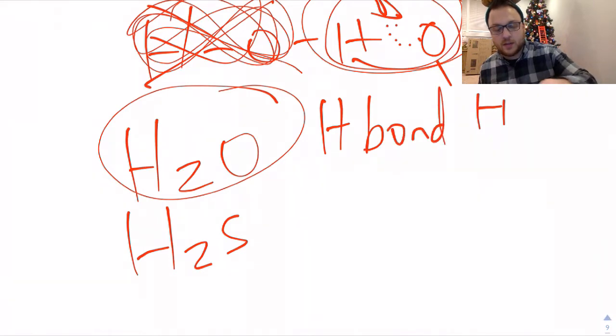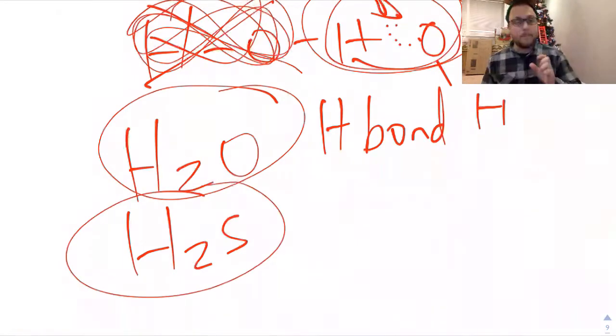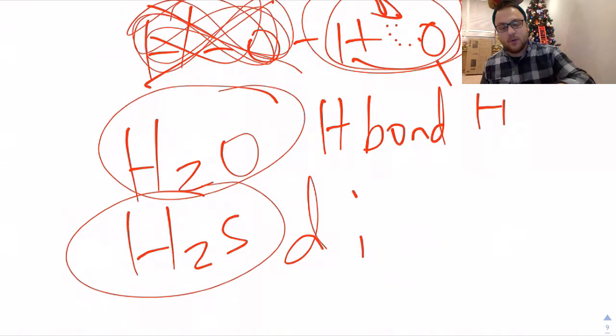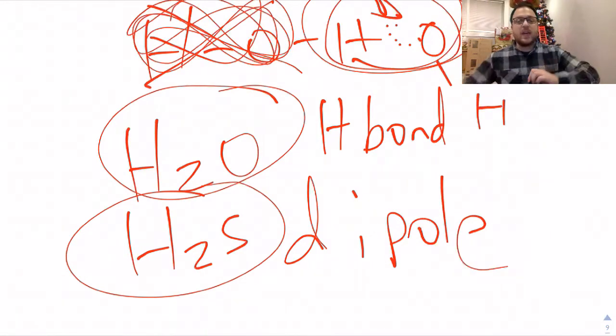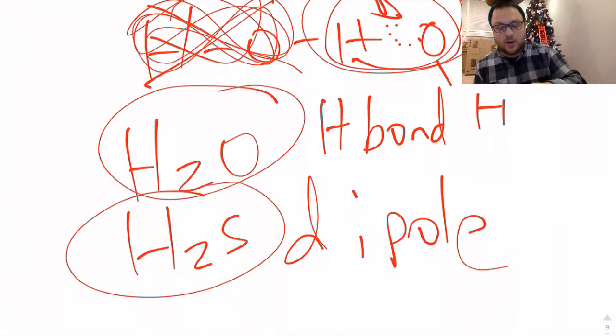But we can't just say hydrogen bonding is the strongest IMF, because as we talked about earlier, even though I2 is only dispersion, I2 is a solid.